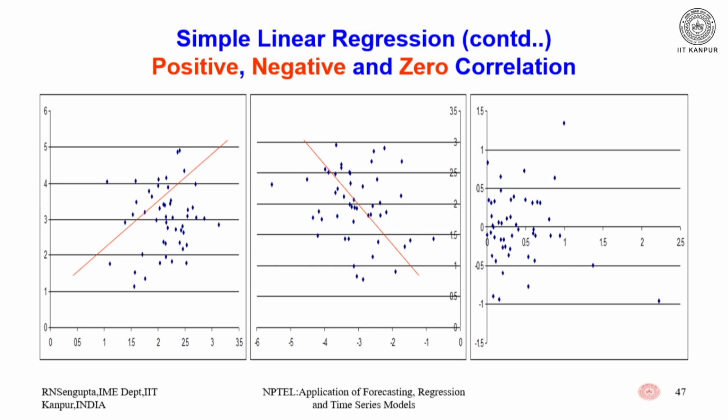The idea is that if the corresponding beta value is positive, it means that the rate of change of y is being positively dictated by x. That means for an increase in x, y will also increase, and for a decrease in x, y will also decrease. If the regression coefficient is negative, it means for an increase in x, y will decrease, and for a decrease in x, y will increase.